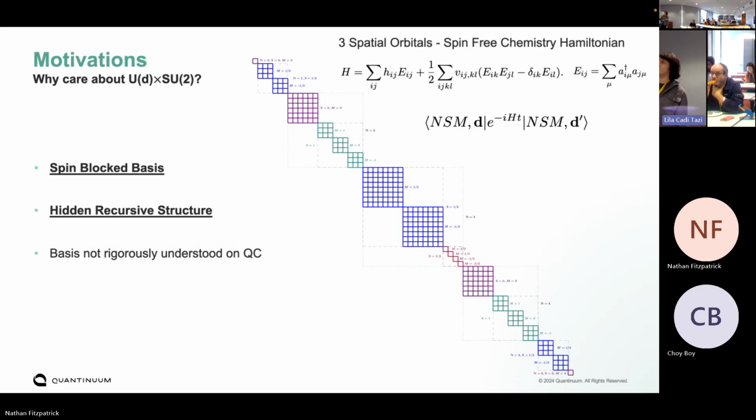It's blocked on the particle number, the total spin, the spin projection, and then there's this D, the dimension of the block. It's slightly pixelated, but this is the N=3 block, particle number 3, and this blue one here is the spin-1/2.